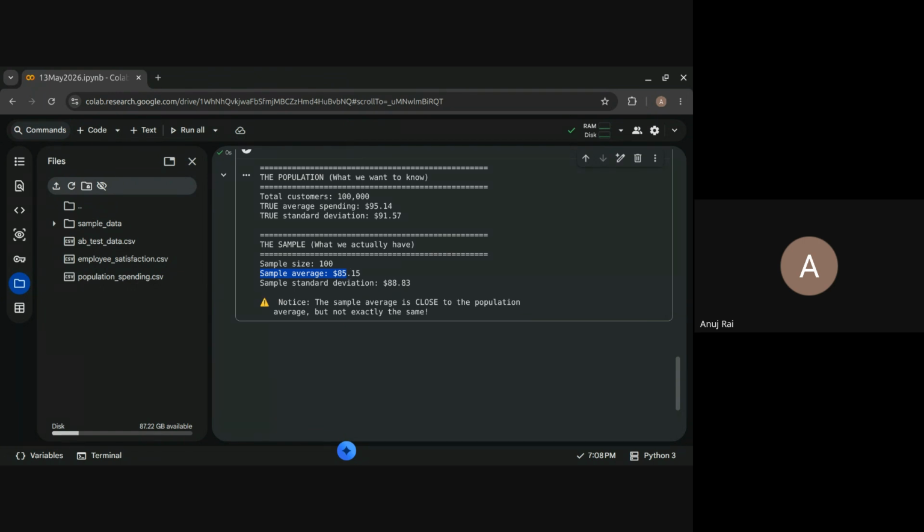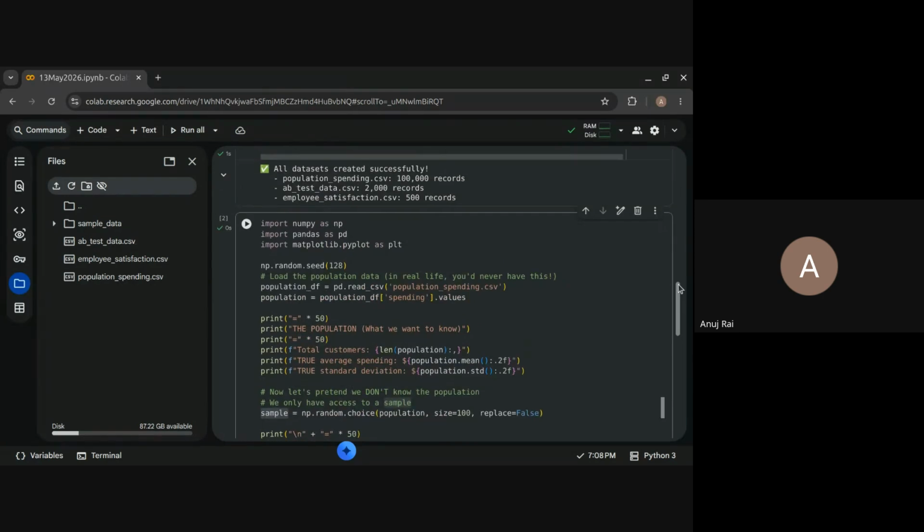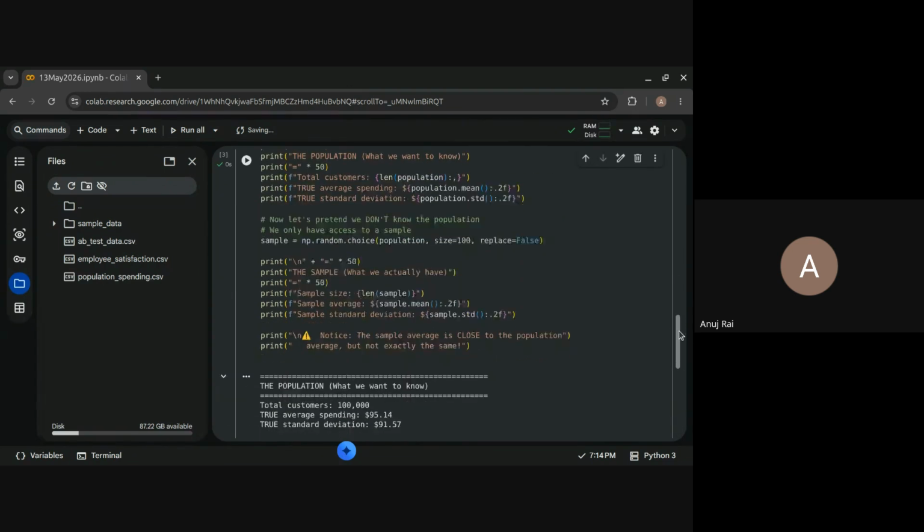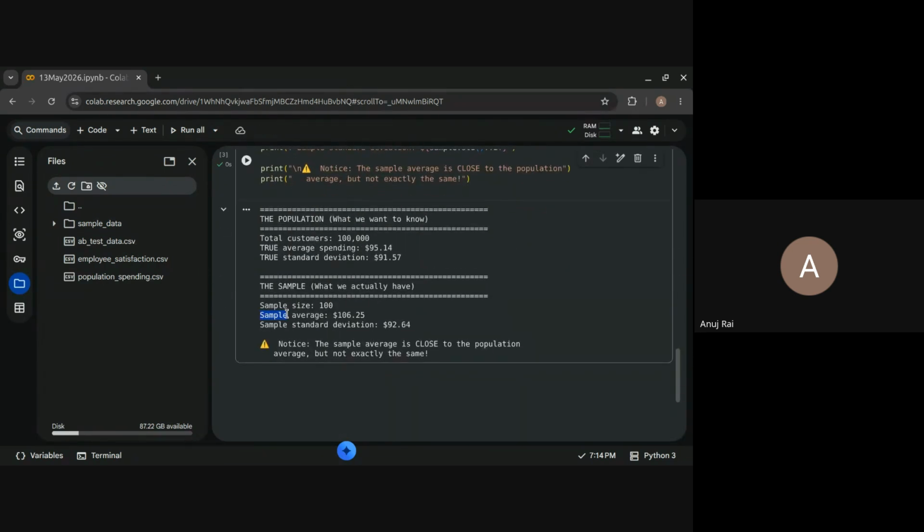But if I change the seed here, instead of 128, let's say I make it 125, you can see that the sample size is the same, but the sample average has changed, because the sample is now chosen in another random order.